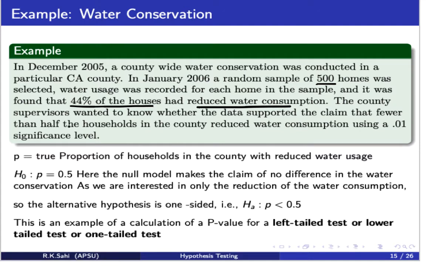Now, the county supervisors wanted to know whether the data supported the claim that fewer than half the households in the county had reduced water consumption, using a 0.01 significance level.